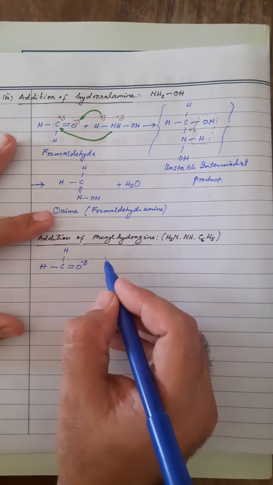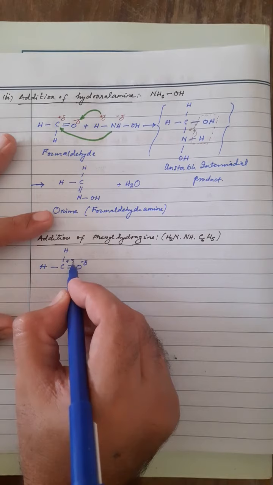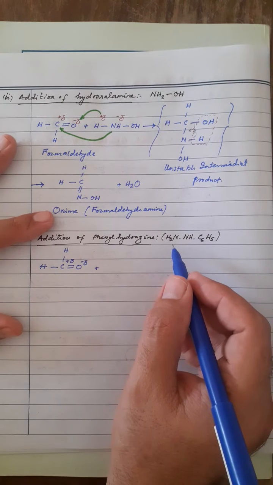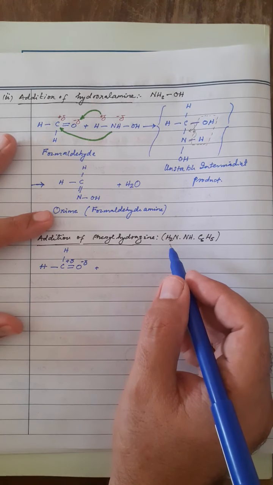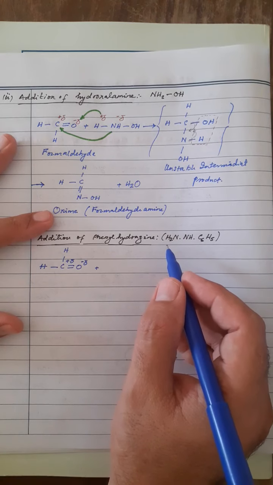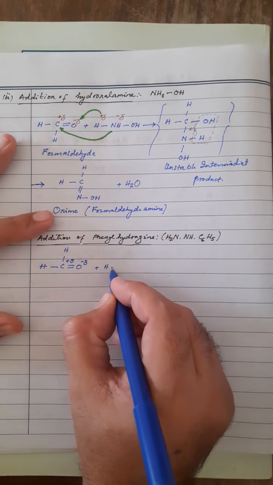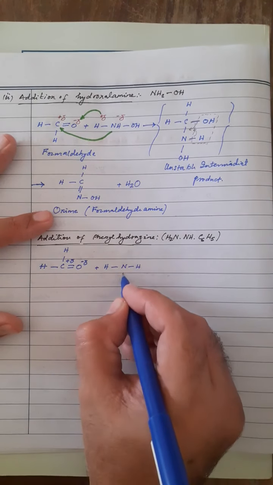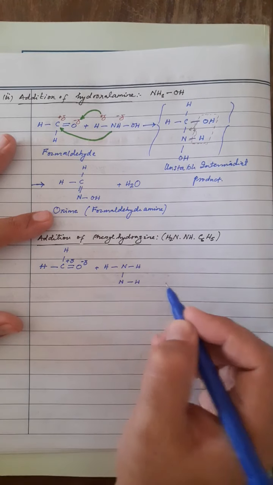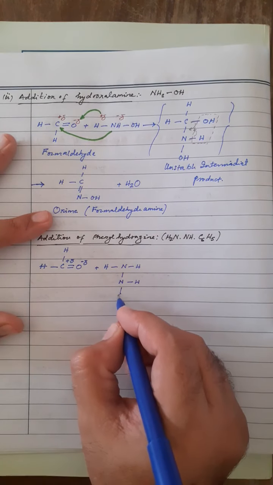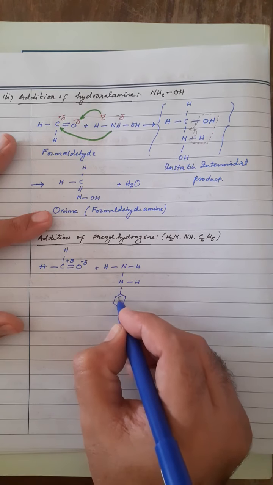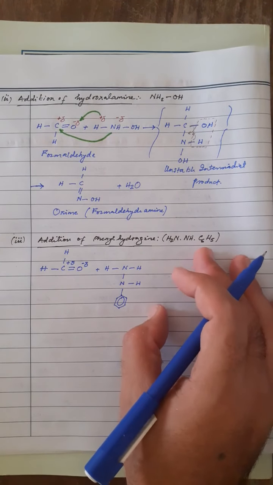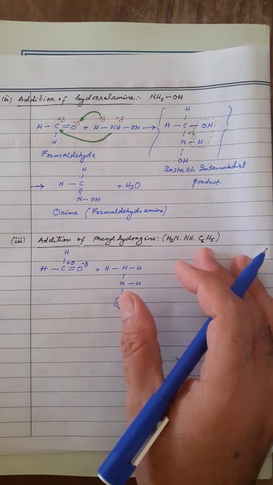Oxygen partial negative, carbon partial positive. Now I'm going to make this phenylhydrazine, and you have to pay attention. You have to look very clearly. Now the H2N, the next NH, and then the phenyl. C6H5 is better represented as a benzene ring.